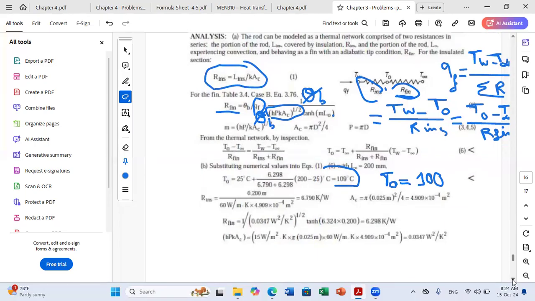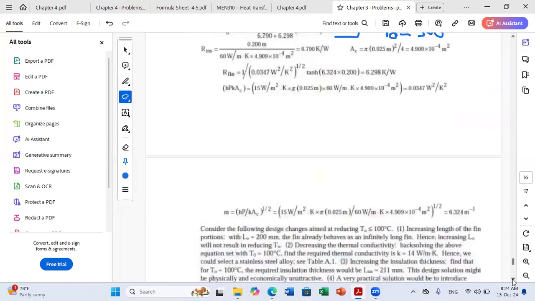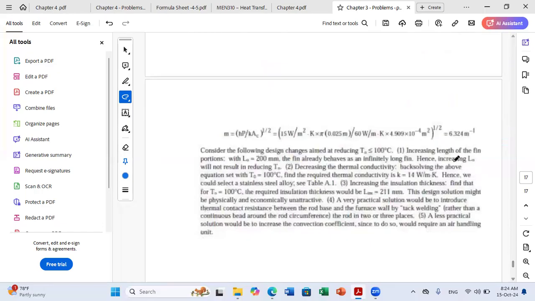If you solve for this value, okay, you get that K should be 14 watt per meter Kelvin, which is much smaller than the conductivity that you are using here, okay?